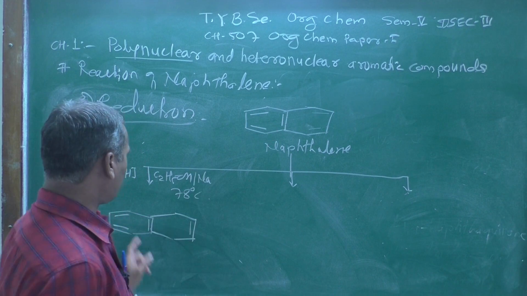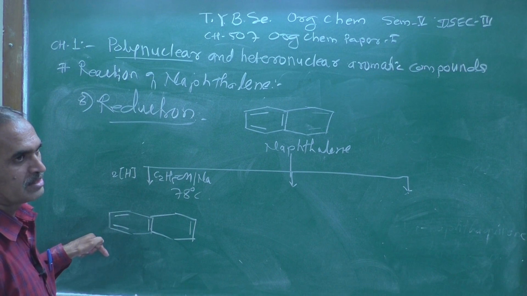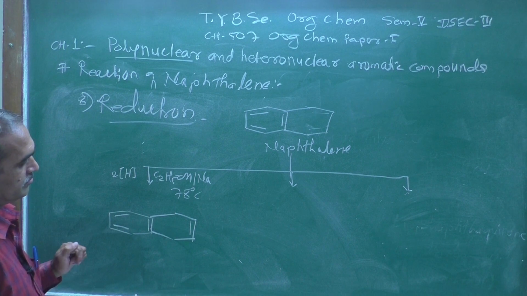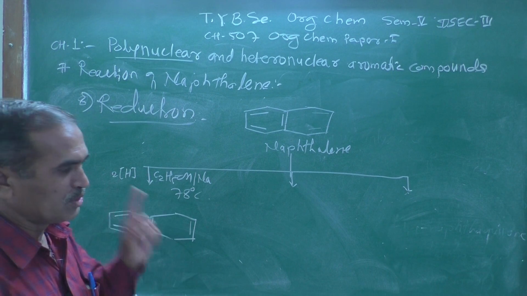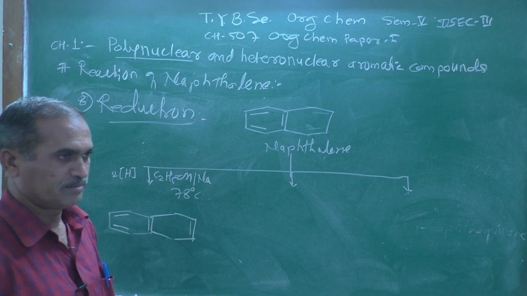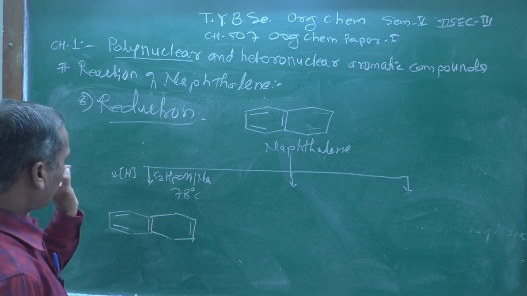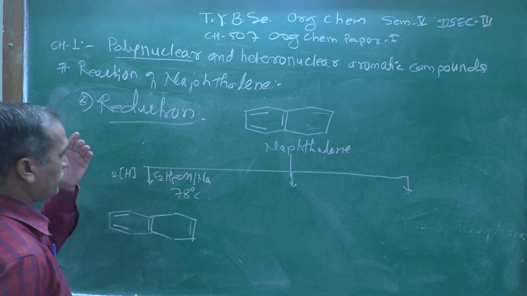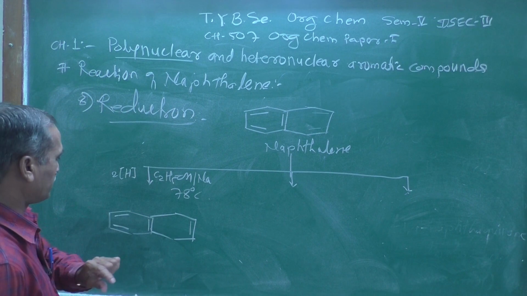Out of that 5, if you count the number of double bonds present in this resulting compound, it will be 4, means one of the double bonds is reduced, means a partial reduction occurs when we use the proper reagent and maintain the proper reaction condition.